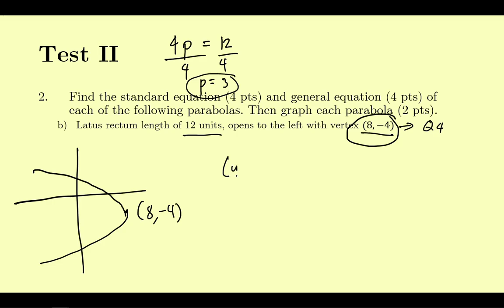That means we will use the formula y minus k squared is equal to 4p times x minus h.